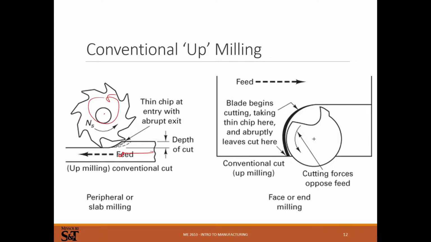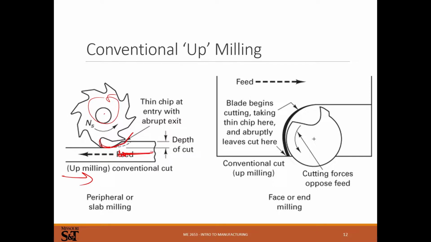But the thing with up milling is it's the direction that we feed the material into it, whether we feed it this way or this way. So in up milling, the cutter, I shouldn't say climb. This is why I hate this, because down milling is also called climb milling, and that just confuses the hell out of everyone. But in up milling, the tooth goes up as it cuts.